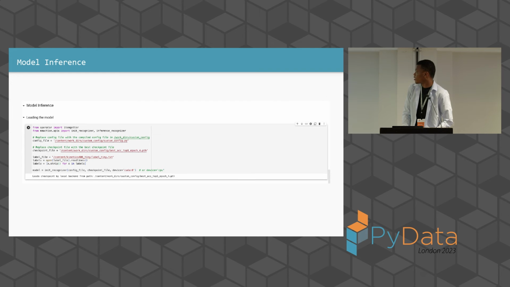Okay, so here, what this points towards is the output directory, which is here. It saves it in this work dirs folder, and then custom config, custom underscore config. And I'm just picking it up from here. So you could change where you intend to have your output file saved.